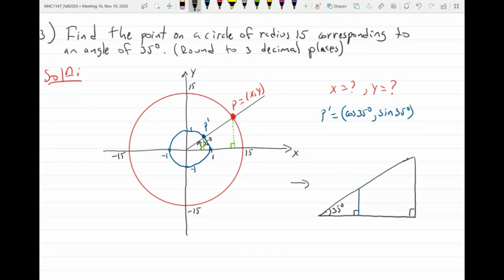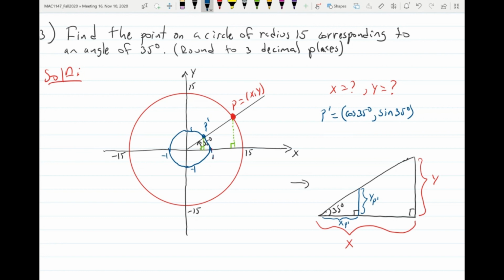This side right here equals y, because that's the y value of P. That's the big triangle, and all of this equals x. In the small triangle, we have x of P prime, this little piece right here, and y of P prime, this one right here. The x of P prime, as you know, is cosine of 35, and the y of P prime is sine of 35.